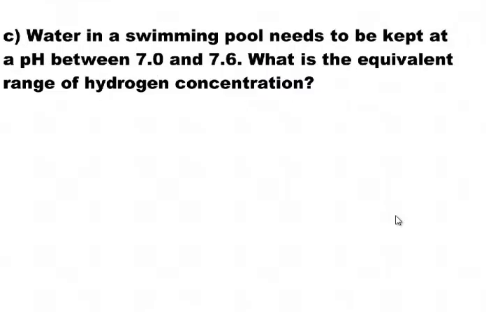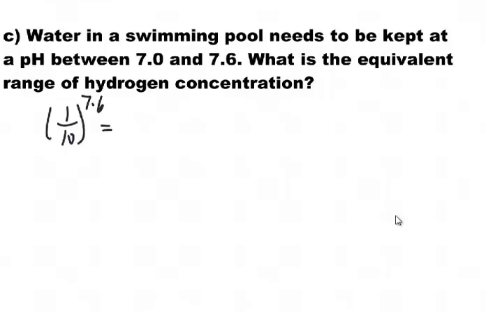The next question says, water in a swimming pool needs to be kept at a pH level between 7 and 7.6. What is the equivalent range of hydrogen concentration? So 1/10 exponent P, let's say 7.6.